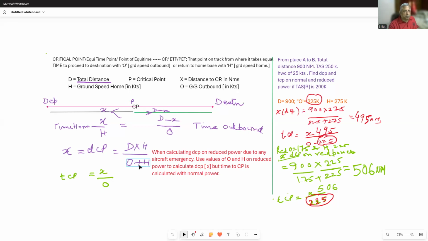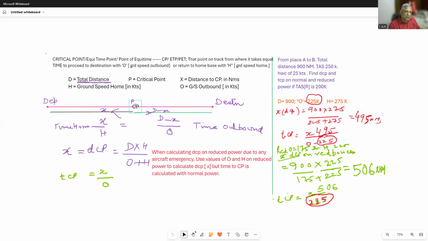I will calculate this point on the ground. I know, I've done my flight training. And time to the critical point will be this distance X divided by my ground speed outbound with which I was flying. And let's say I have calculated the time as 1430 UTC.